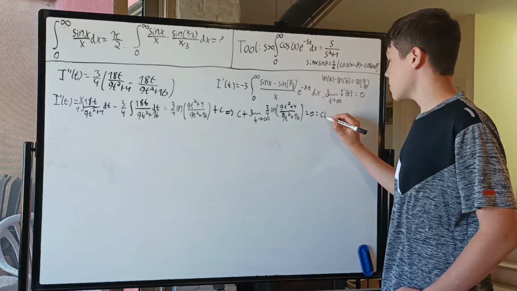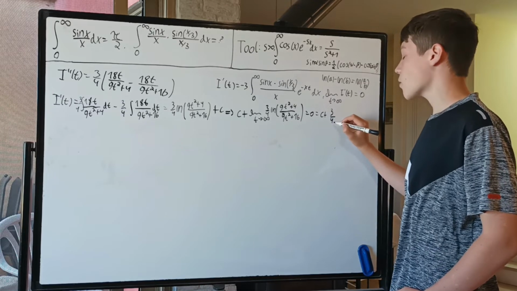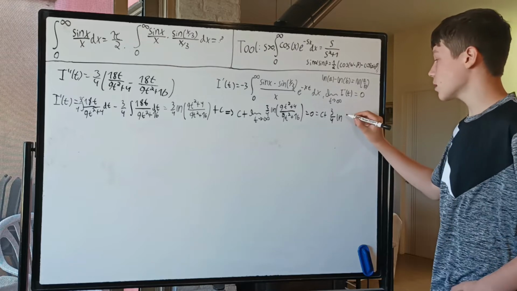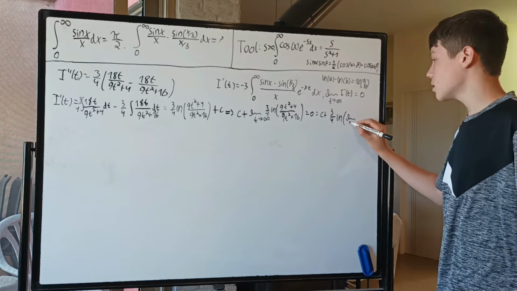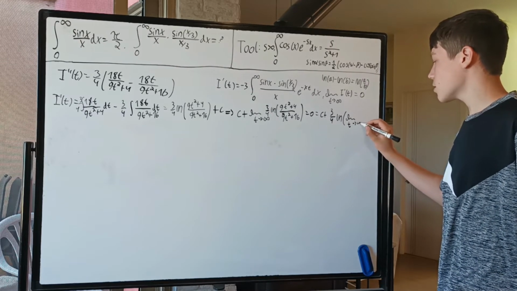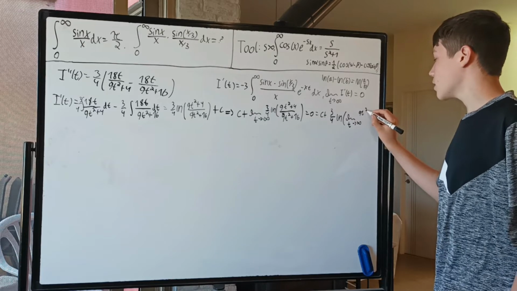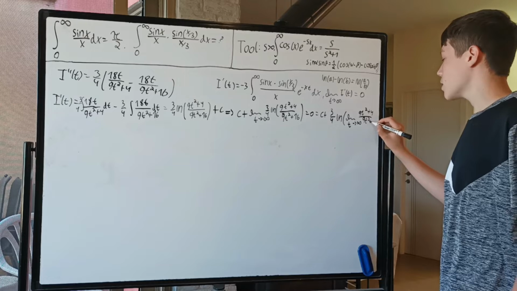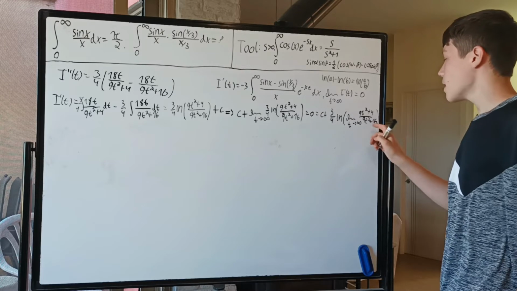So C plus, I'm going to take the 3 over 4 out, and the limit of a natural log, I'll be able to say the natural log of the limit as t goes to infinity of 9t squared plus 4 divided by 9t squared plus 16.